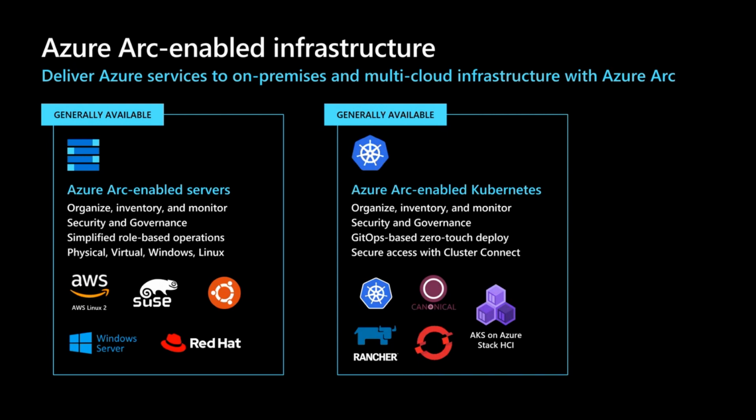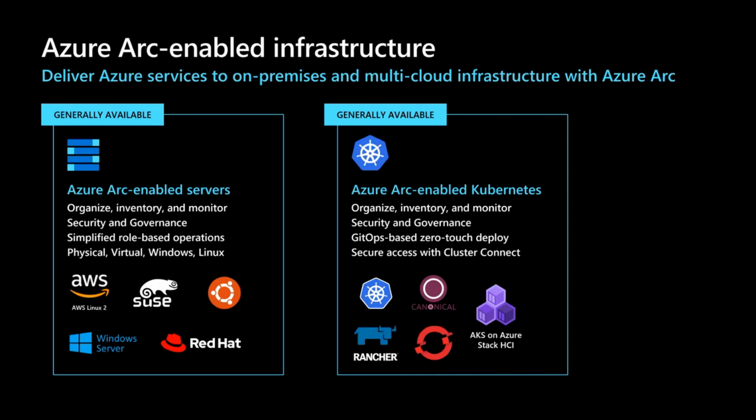The other thing that we're going to touch on briefly today is this idea of Arc-enabled Kubernetes. So the same principles that you have for servers here could also be enabled against all of your Kubernetes clusters that might be hosted in a variety of disparate locations, right?